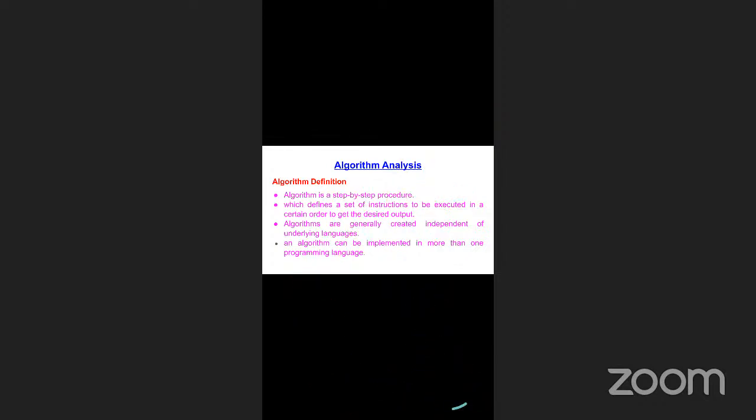An algorithm is a step-by-step procedure which defines a set of instructions to be executed in a certain order to get the desired output. An algorithm is generally created independent of underlying languages. An algorithm can be implemented in more than one programming language. The important point is more than one programming language.